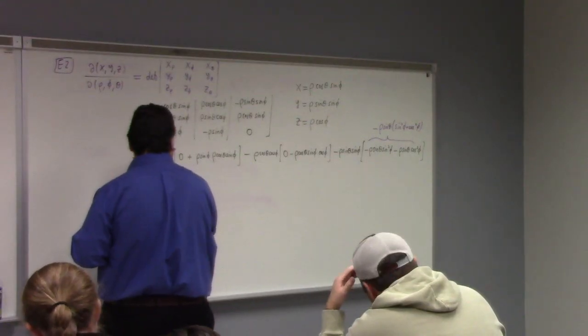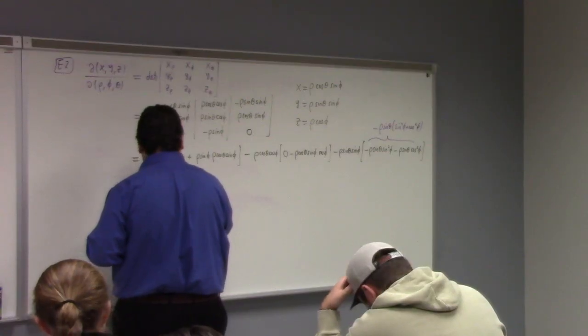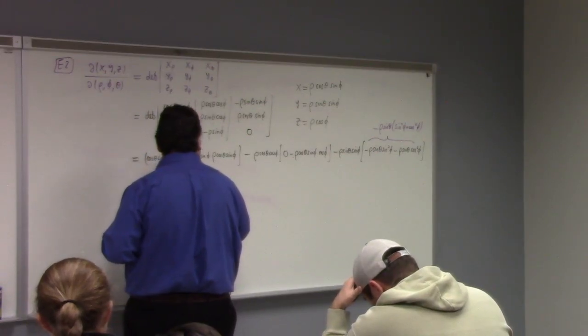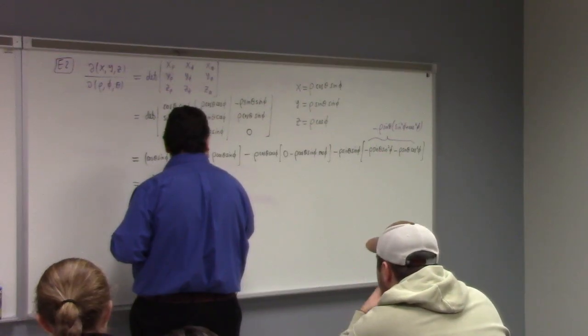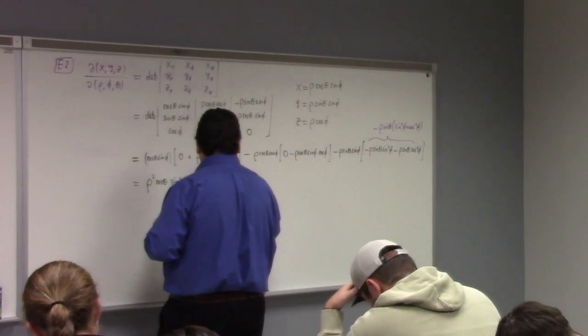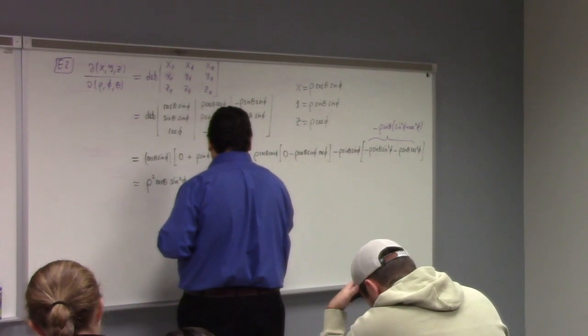All right, so let's see here. I've got a rho squared cosine theta sine squared phi here, plus rho squared cosine squared theta sine phi cosine phi.